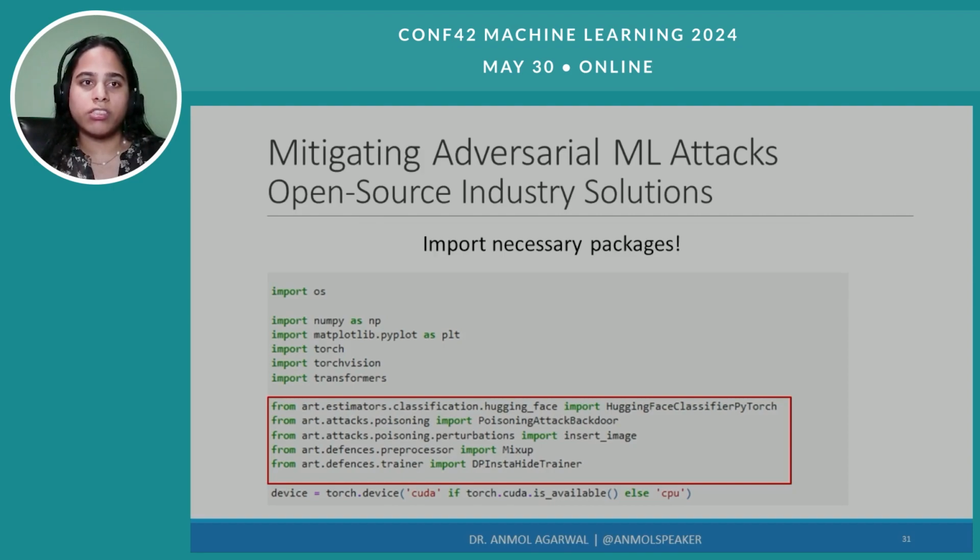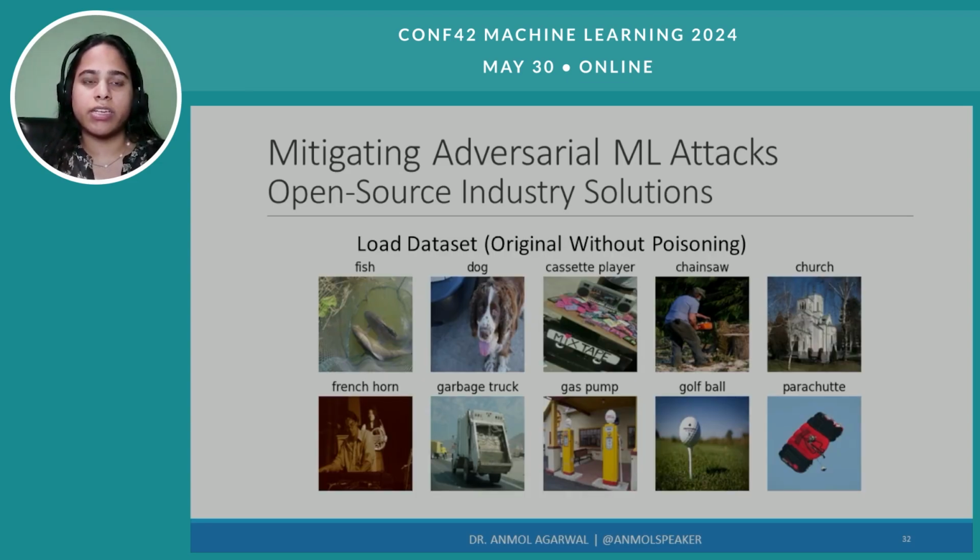First, in order to use this solution, we want to import the necessary packages in Python. Here on this slide, you'll see all these packages are required to perform this attack. Next, you'll load the dataset. The original dataset without poisoning is below. You'll see you have images of fish, cassette player, church, golf ball, parachute, and many other different kinds of objects.